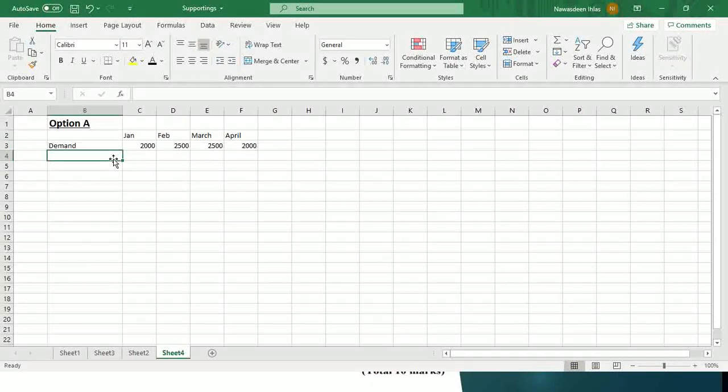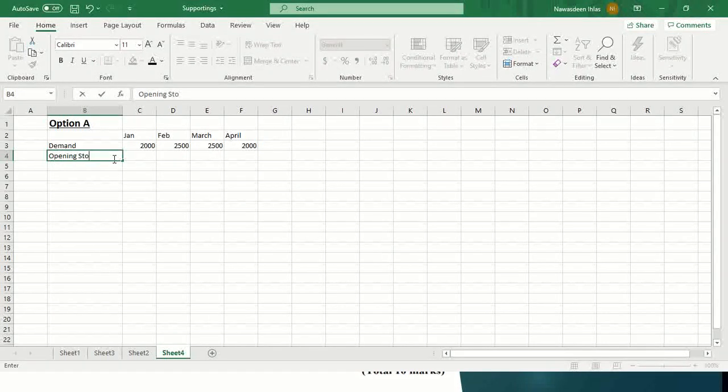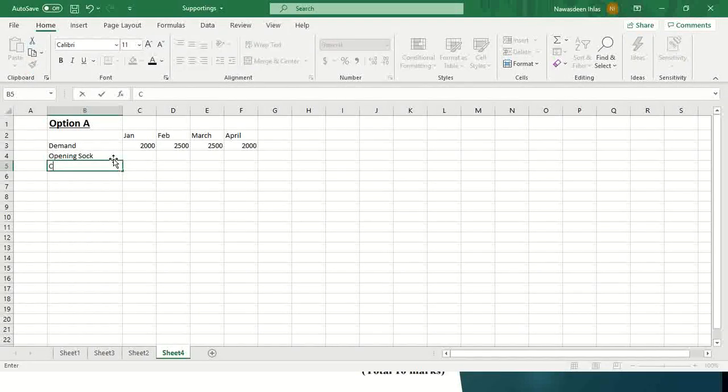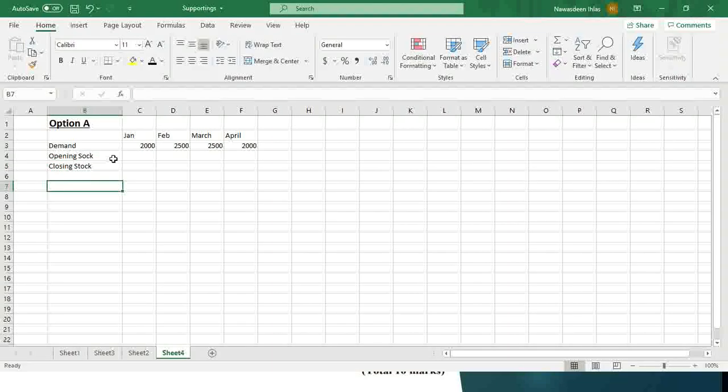So opening stock, closing stock, production.